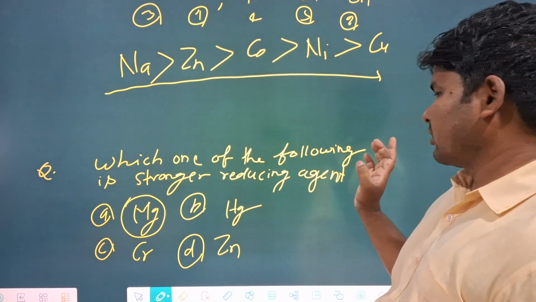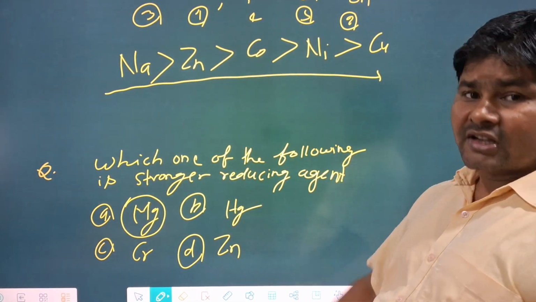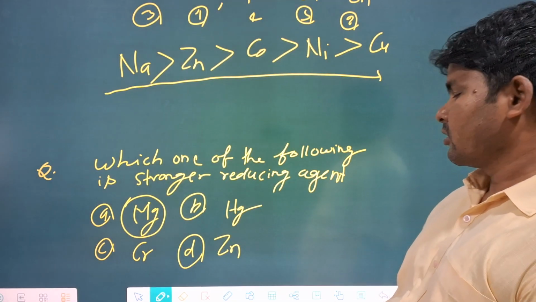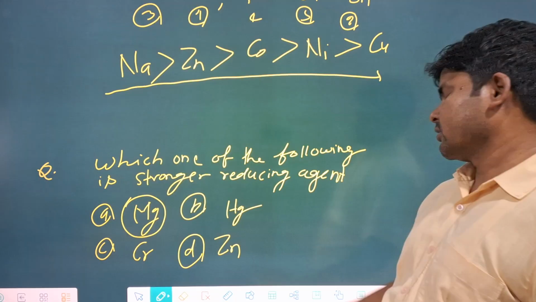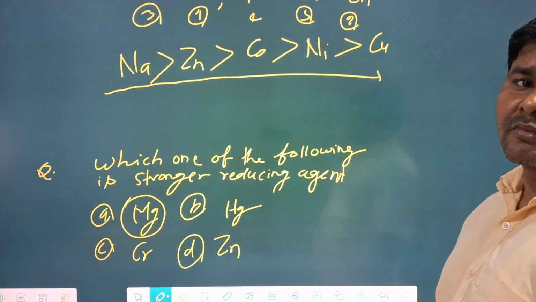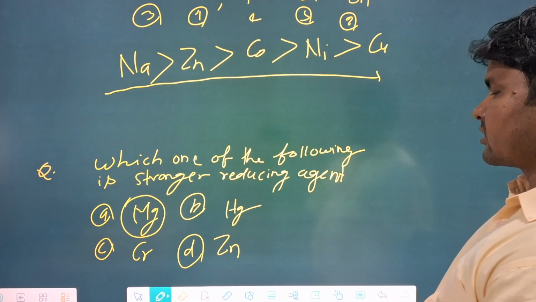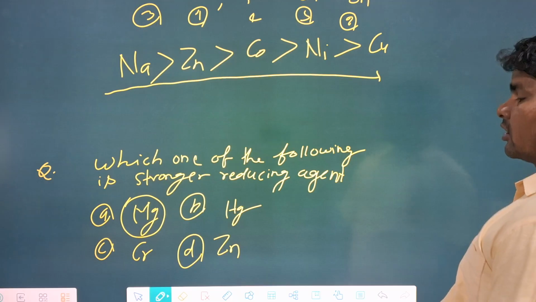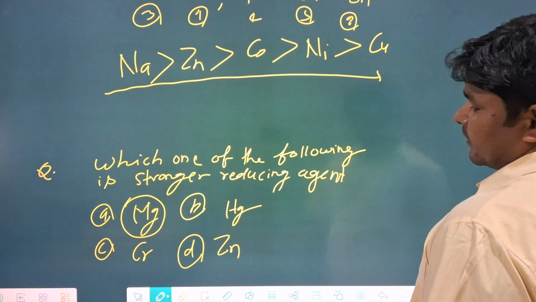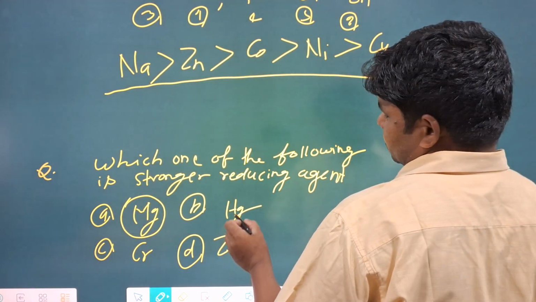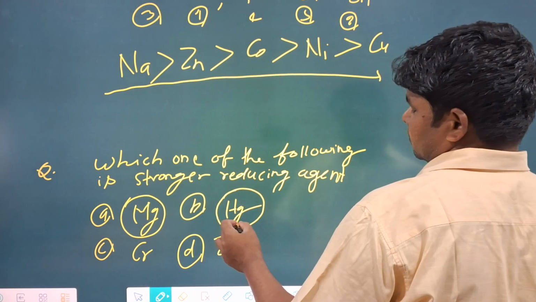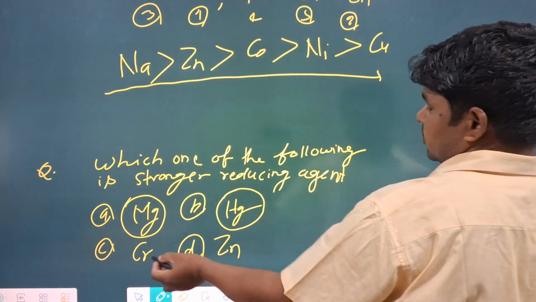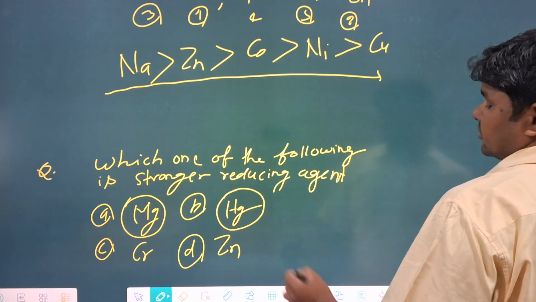Okay, similarly if a question becomes which one of the following is a stronger oxidizing agent, then we have to select the element which contains the highest value of standard reduction potential. Mercury contains a greater value of reduction potential as compared to zinc, chromium and magnesium.